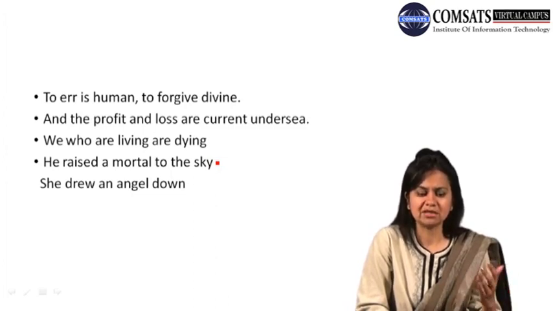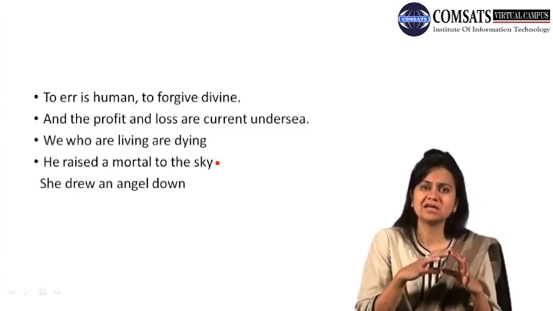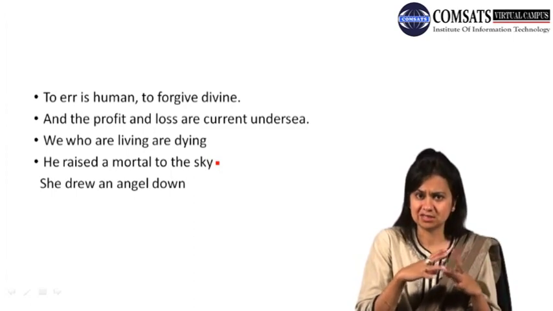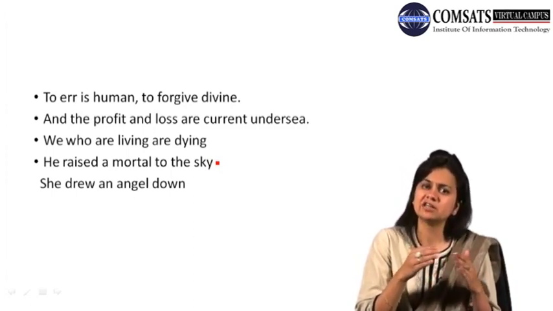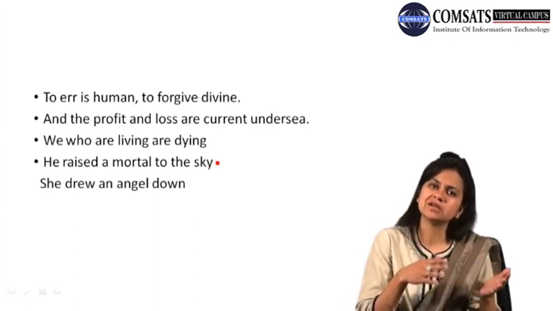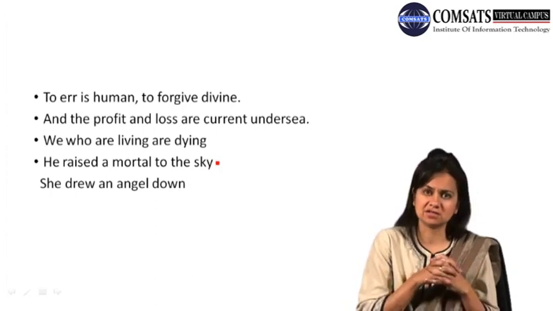Then the words like living and dying in this line, and the next sky and down, mortal and angel, raise and drew. Now, any idea can be referred to as antithetical, or any word can be referred to as antithesis if they occur in a close proximity within consecutive lines where the opposite or antithetical words are used by the writer.